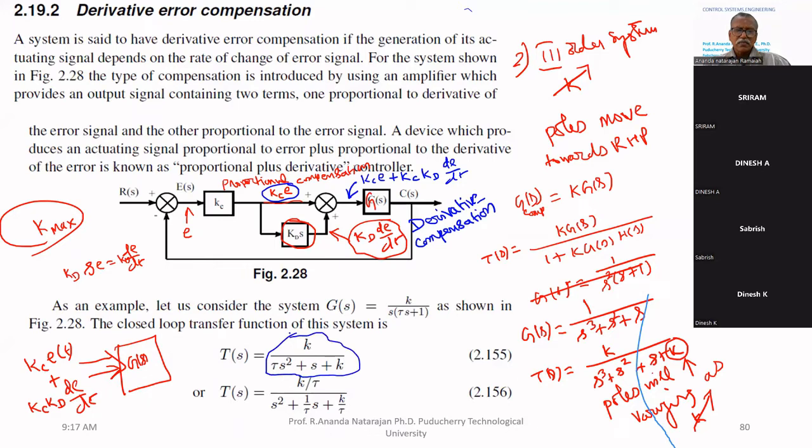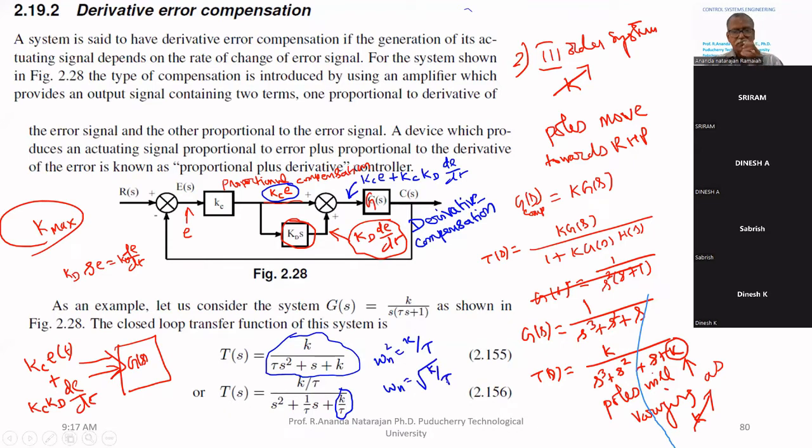This is the original system. K upon tau s square plus s plus K. What is the omega n of that system? Omega n square equal to K by tau. Therefore, omega n equal to square root of K by tau.